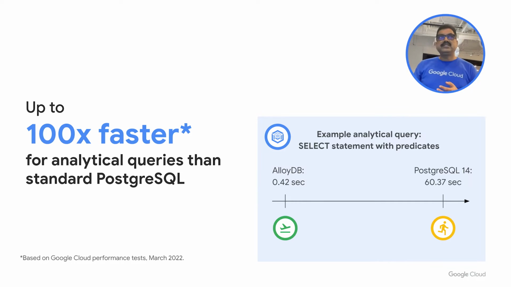This engine leverages the technology for faster scans, joins, and aggregations. This columnar engine is very easy to use as there is no schema or application change needed whatsoever. We automatically populate the column store using machine learning to understand your evolving query patterns and continuously optimize the performance of your AlloyDB database.